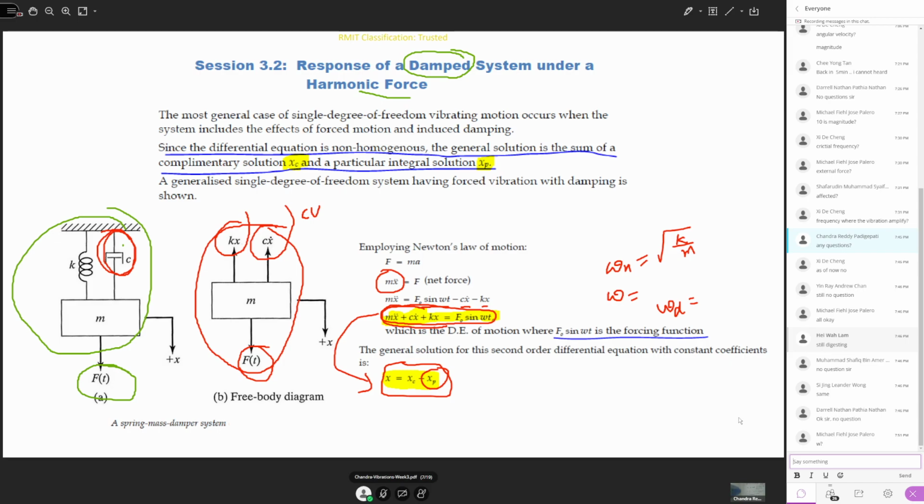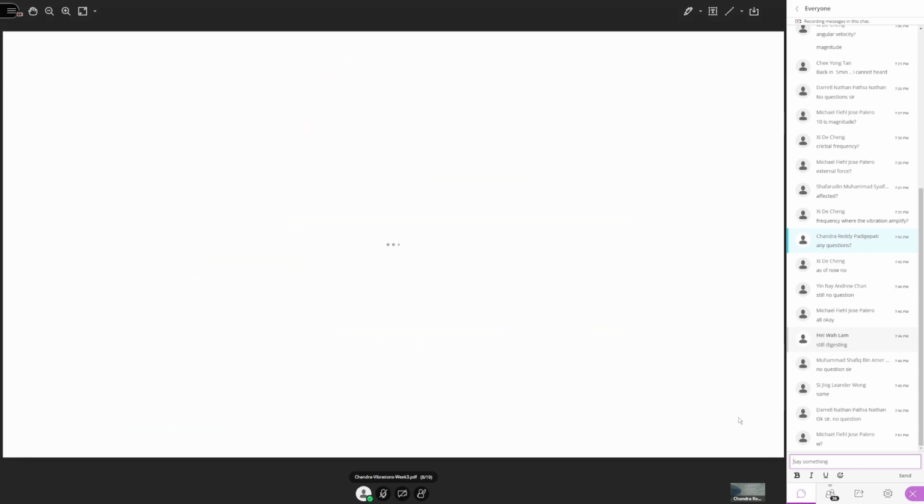In the last session we have done that. For a damped free vibration, what is the response? At the beginning of the session also, I wrote how to write the equation of motion. So that is your xc, the complementary function. Now we need to solve the particular solution, that is xp.